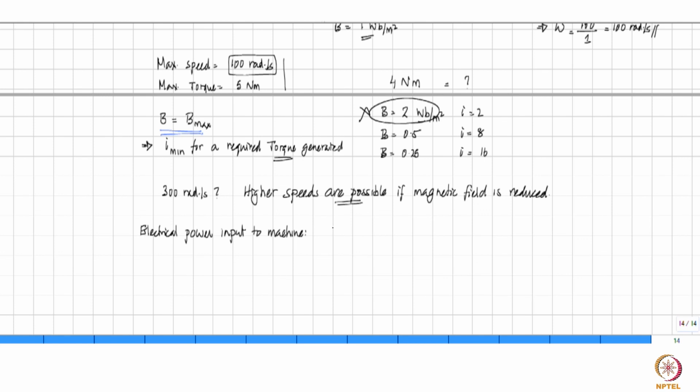Electrical power input is applied voltage V multiplied by the flow of current I. You can apply a certain maximum voltage V, and the machine can take a certain maximum input current I, and therefore maximum input electrical supply is limited by machine rating, Vmax into Imax.